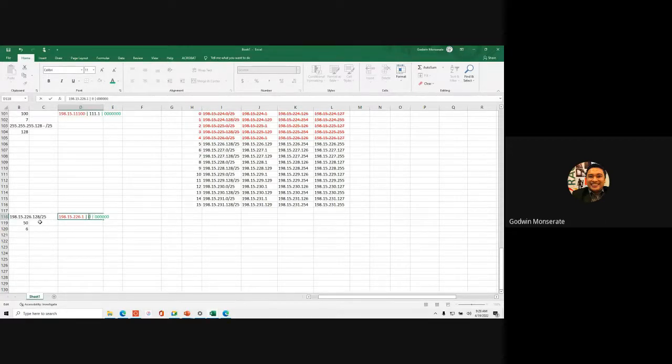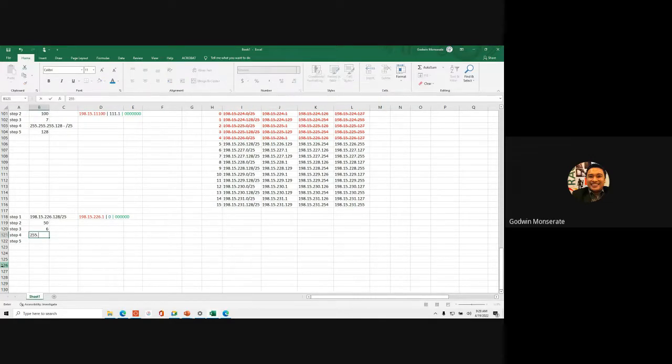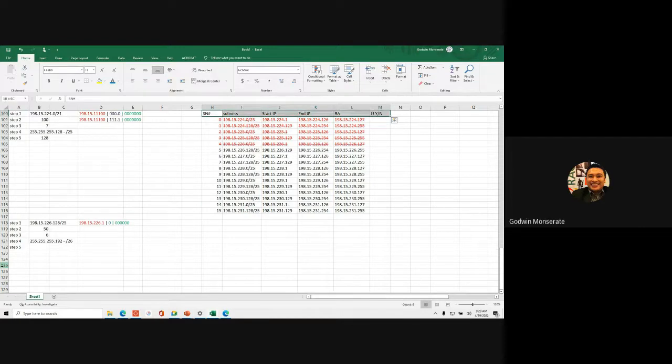So we will create two subnetworks. Let's make this one blue. So our subnet mask is 255.255.255.192, sir. 192 is /26. Am I correct? Yes, sir. Okay, let's copy this.